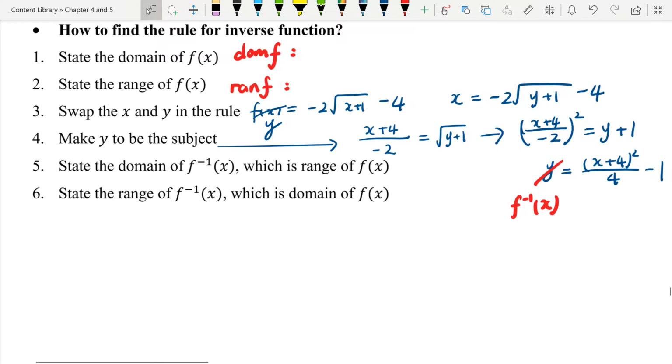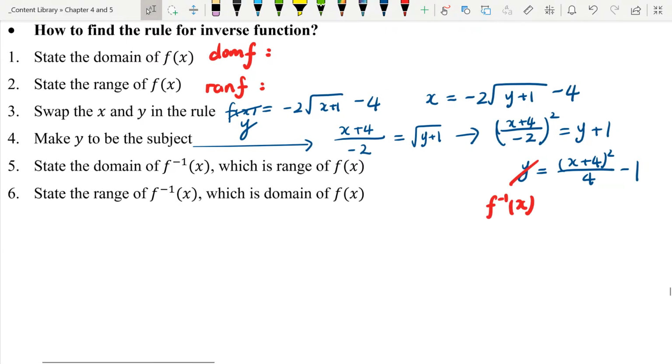The last 2 steps, you may think it's not necessary, but it's very important. What's the new function I get? I know, like the name of the function, the type of the function. Parabola, right?